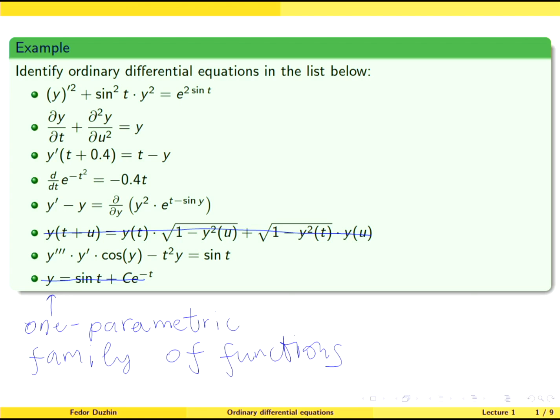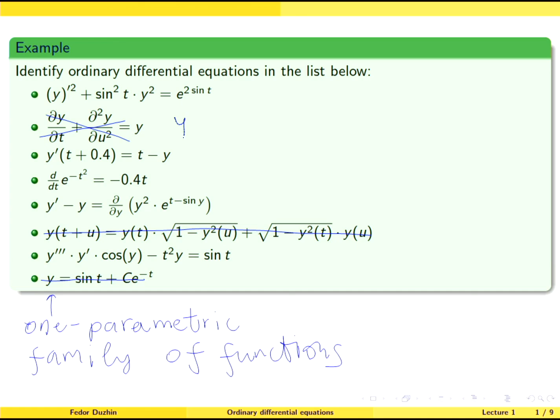All right, so the rest of these, they have some differentials. So let's go through them one by one. Let me first rule out this option. The reason is because here we have partial derivatives of the unknown function y with respect to t and u.